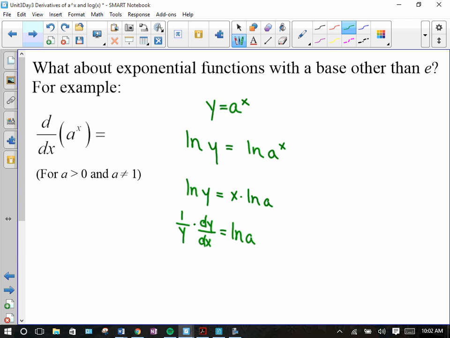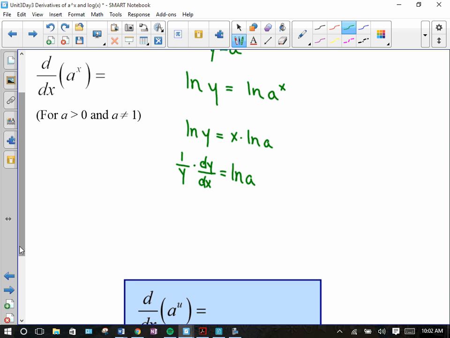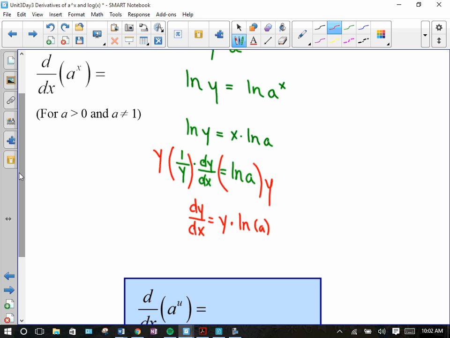Alright? So what we do here is we multiply both sides by y. That's going to give us dy dx is equal to y times natural log of a. Okay, almost there.